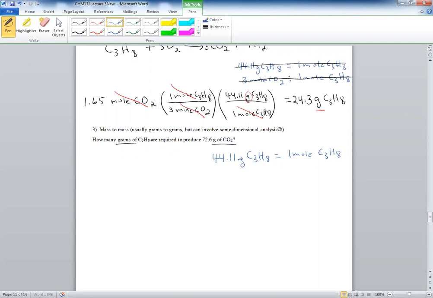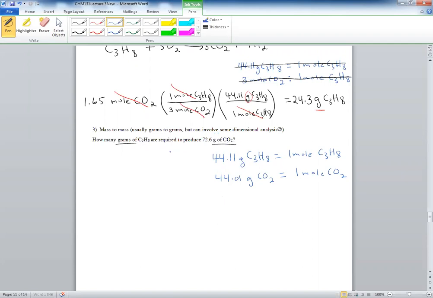I need the molar mass now of CO2, which is 44.01 grams for 1 mole of CO2. Again, this is all from the periodic table. You add up the numbers. And then finally the ratio.